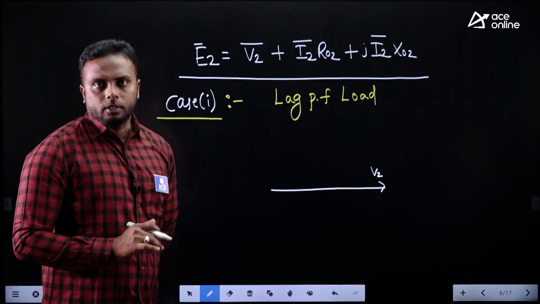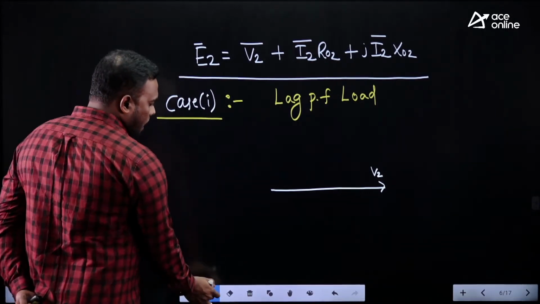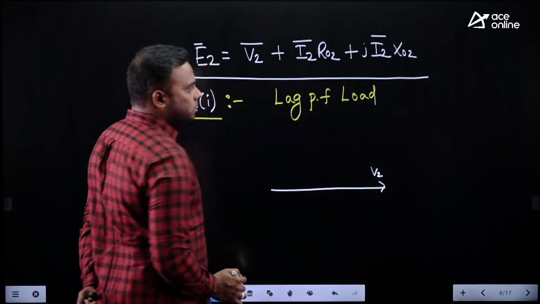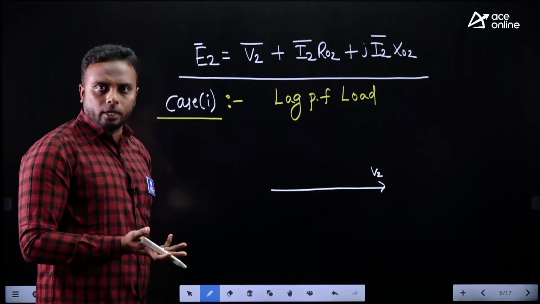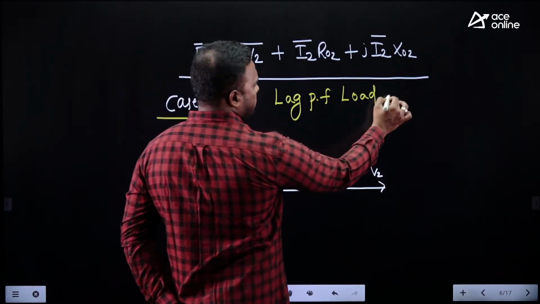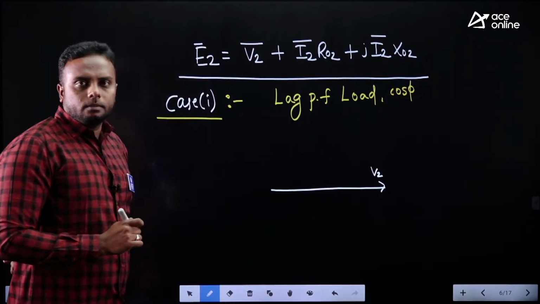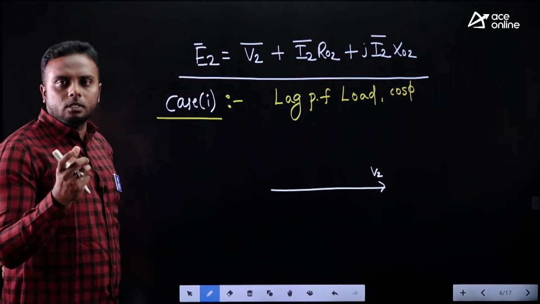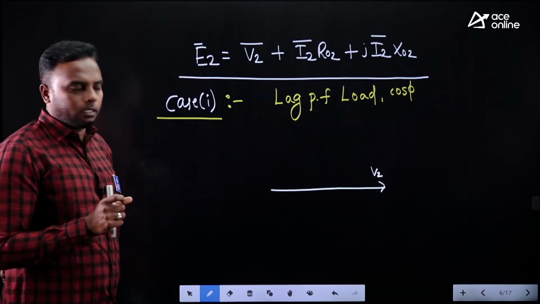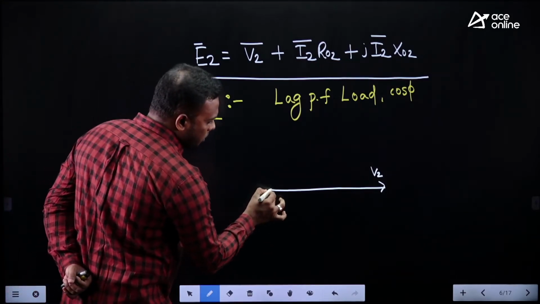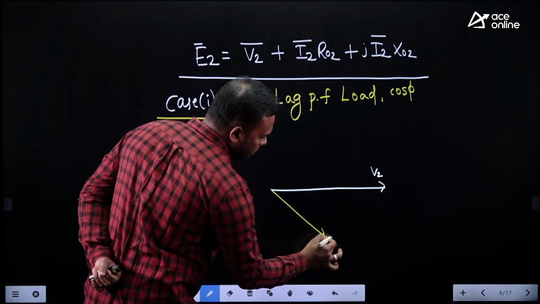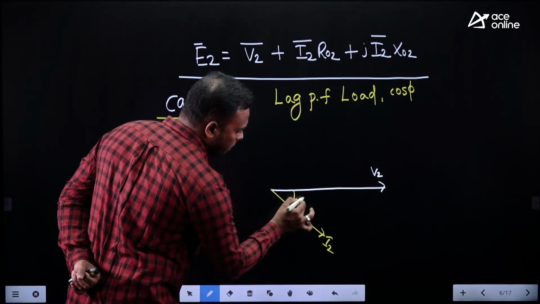Considering the terminal voltage as reference, as the load is lagging power factor, some cos phi lagging, say 0.8 lag for example. If cos phi is 0.8, then phi equals 36.86 degrees. Now the current lags this voltage by the power factor angle phi.